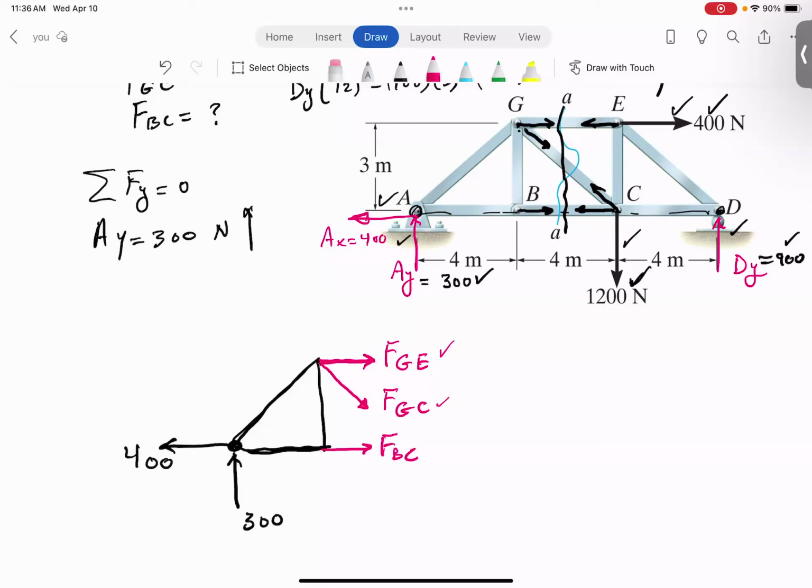You see, we only have 3 unknowns. Solve the problem applying equations. The basic 3 equations can be used: take moment about a point, balance force in the x and in the y.